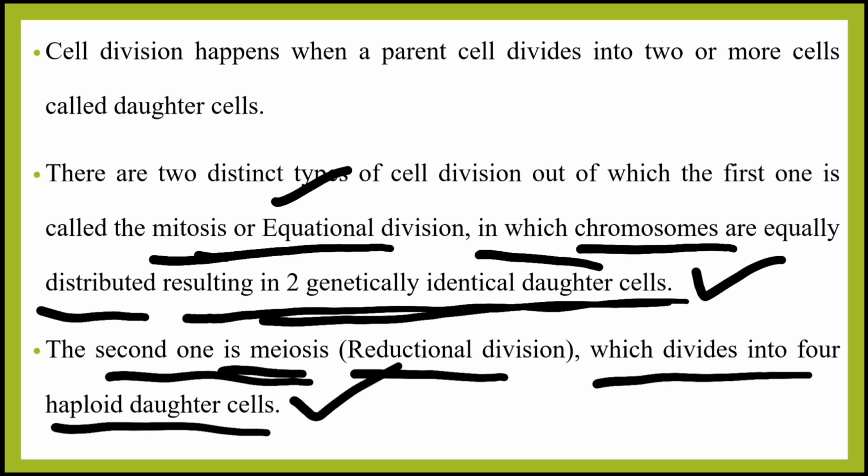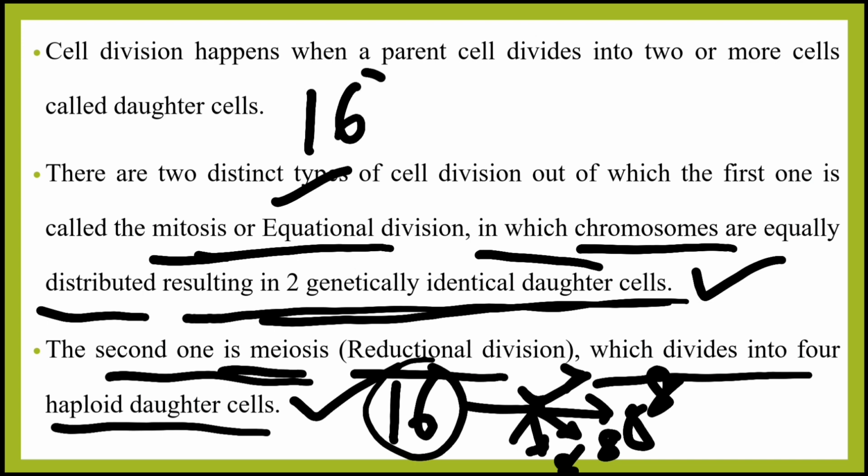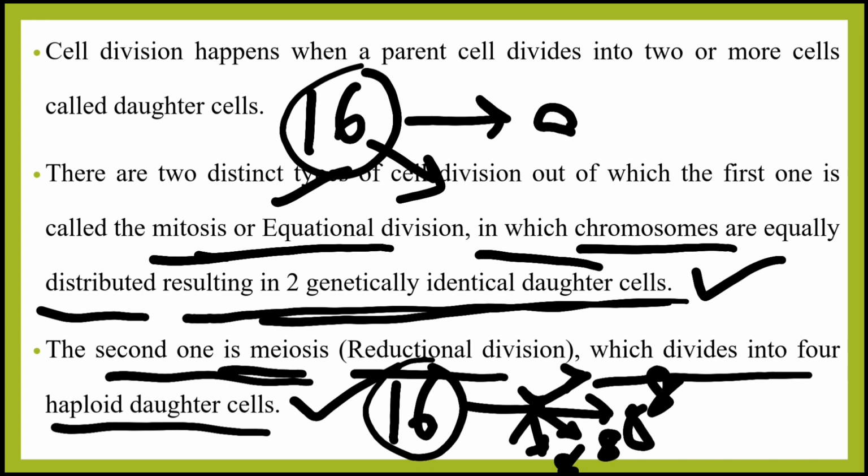So if the parent cell has 16 chromosomes, after meiotic division or meiosis, 4 haploid cells are formed. That means 4 cells are formed, each with 8 chromosomes. But in case of mitosis, if the parent cell has 16 chromosomes, at the end of the mitotic cycle, it will form two equal cells with chromosomes identical to their parent cell.